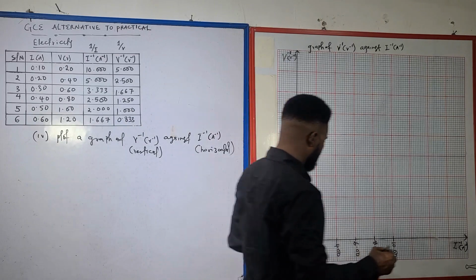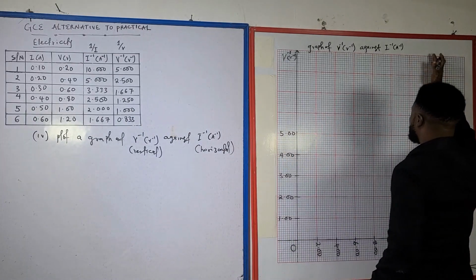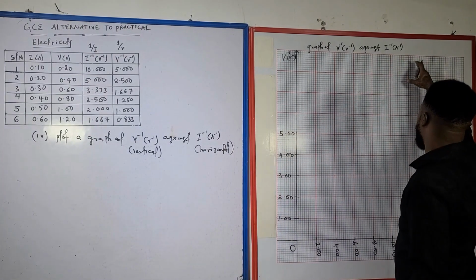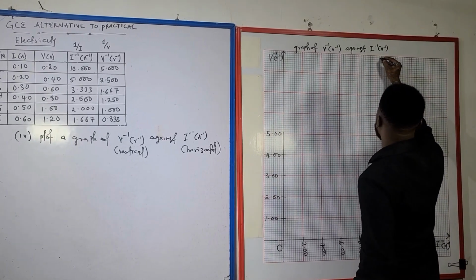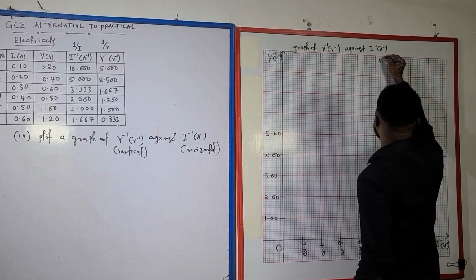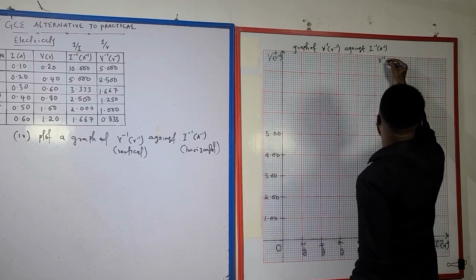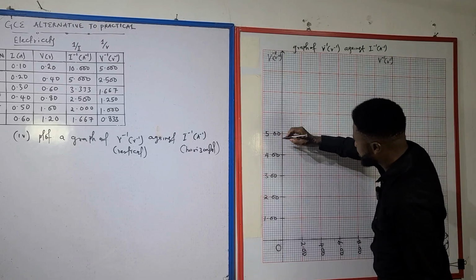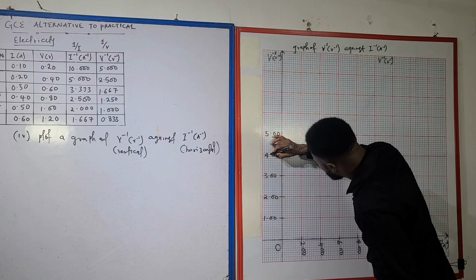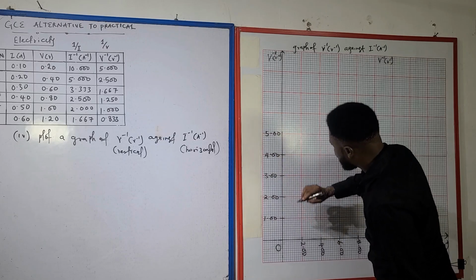Of course, always remember somewhere at the top right hand corner of your graph to always get your scale down there for the vertical axis, which is V raised to power minus 1 in per volt. From here to here is 2 centimeter, from here to here is 2 centimeter.